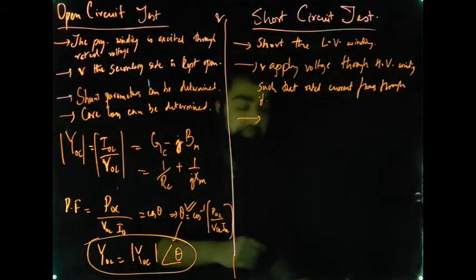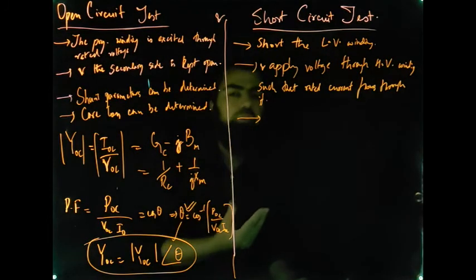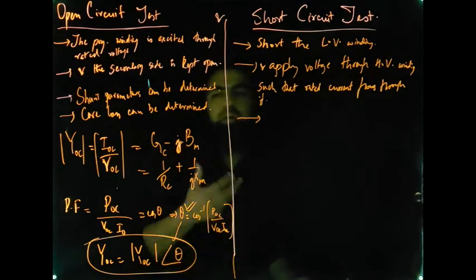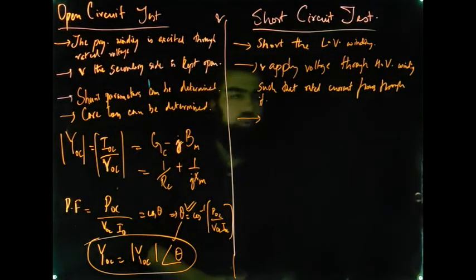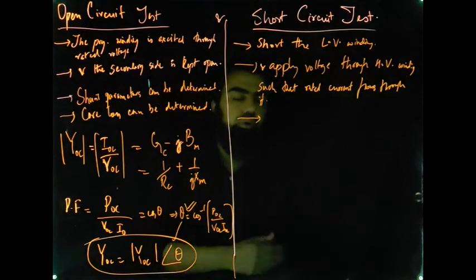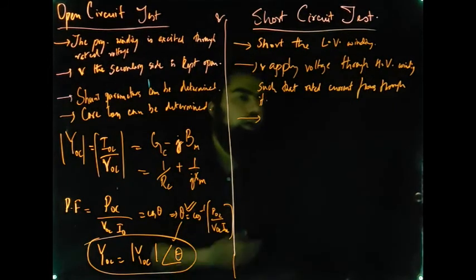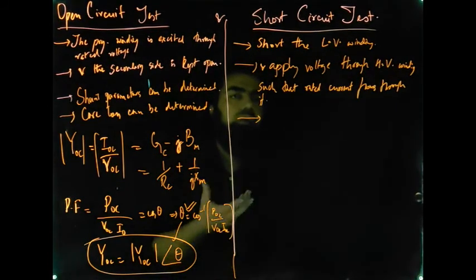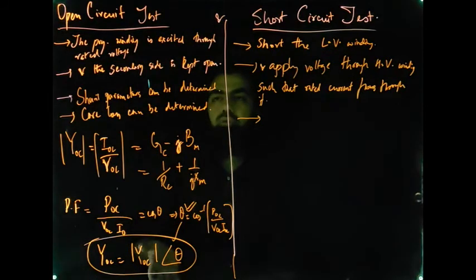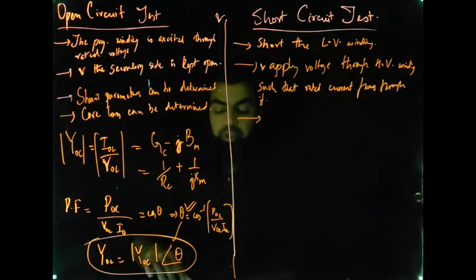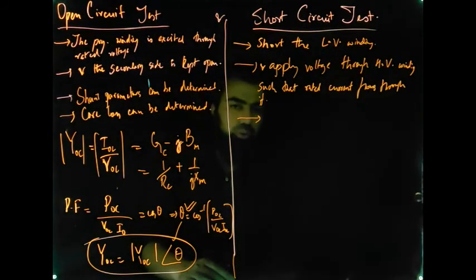So it is a considerably lesser amount of voltage. In case of the open circuit test, you might have been performing the test at 230 volts or 440 volts. But in case of short circuit test, you are only applying 30, 40, 50, 80 volts, something like that. Since voltage is low, the voltage across the primary, that's across the shunt branch, will also be low.